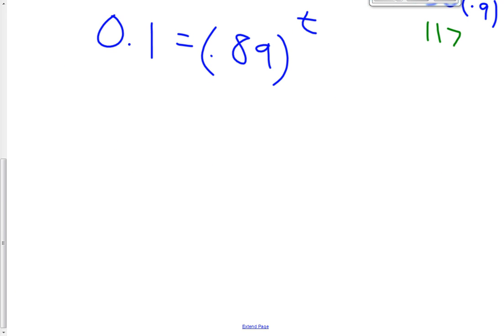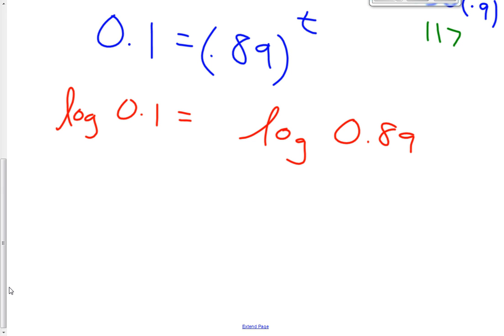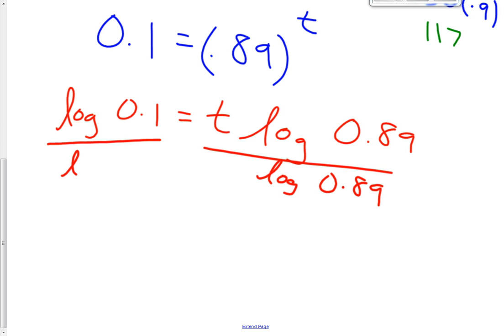So we're going to take the log of both sides, log of 0.1 equals the log of 0.89 raised to the t, but the t can come out front as a coefficient again. So what is t? Divide both sides by the log of 0.89. Do that in your calculator and that will get you the answer.